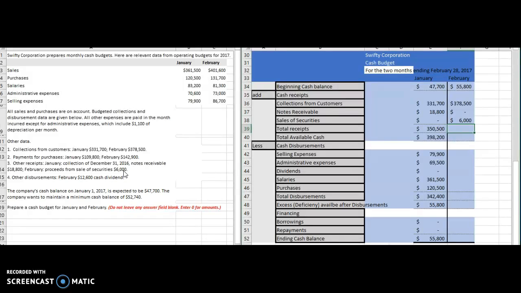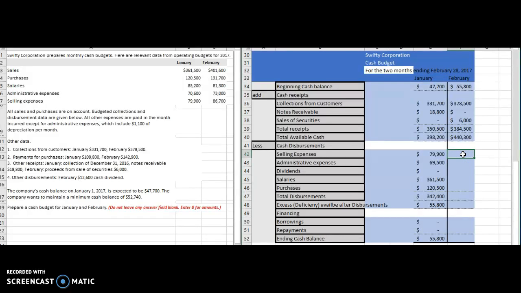We're going to total that up, which comes to $384,500. We're going to add that to our $55,800 to get $440,300 as our total available cash for the month of February before disbursements.